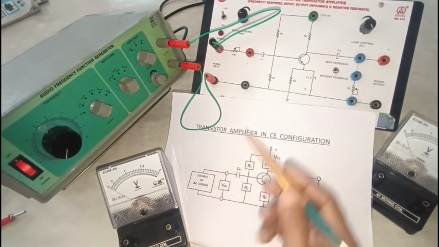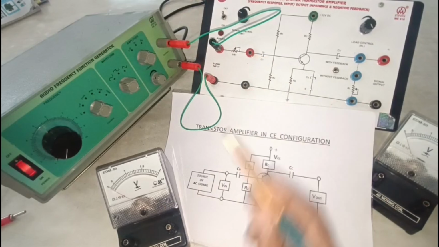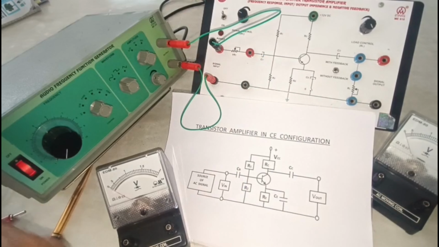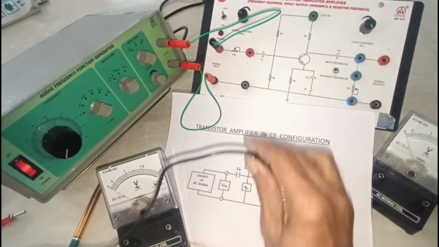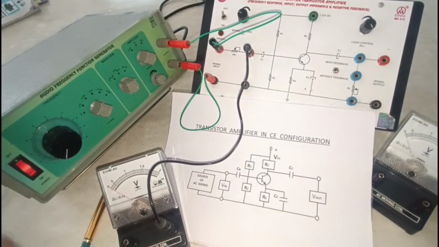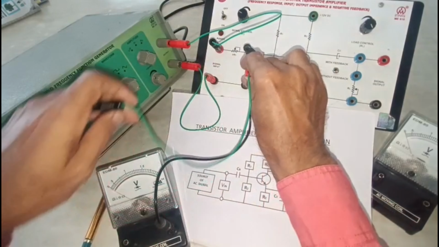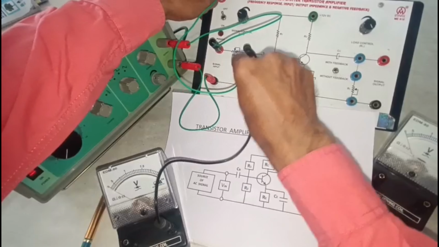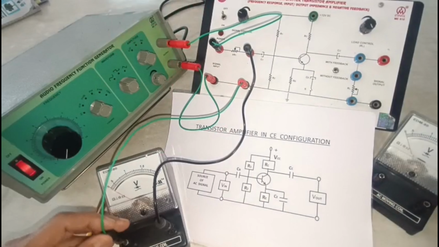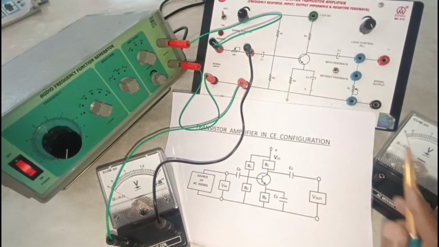This voltmeter is to be connected to these two terminals for noting input signal voltage. This voltmeter is connected to output terminals of amplifier circuit to note voltage of amplified signal.